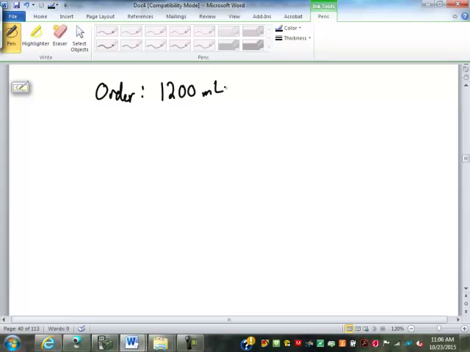Let's have a doctor who has ordered 1,200 milliliters every 6 hours. A label that reads 3 milligrams and 10 milliliters.